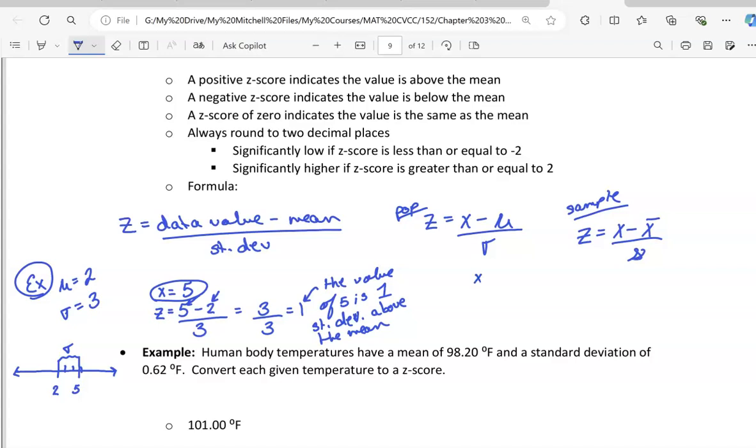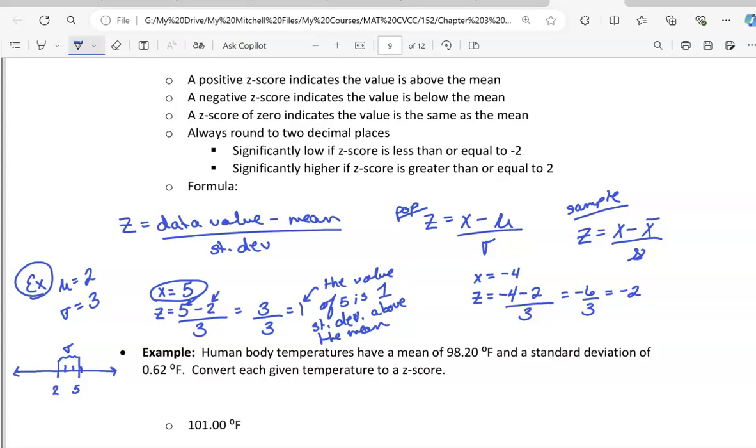Let's look at another value. Let's look at -4. And we want to find the z-score associated with that. So our formula works the same way: data value minus the mean divided by the standard deviation. So I'm going to get -6 divided by 3, which is -2.